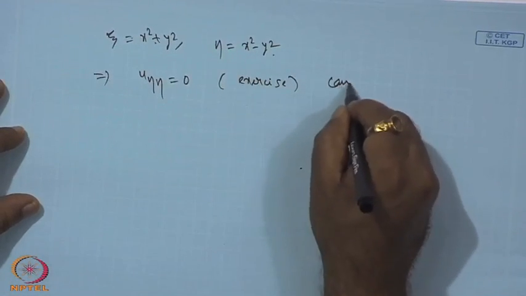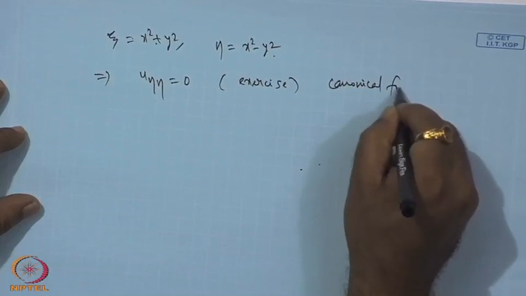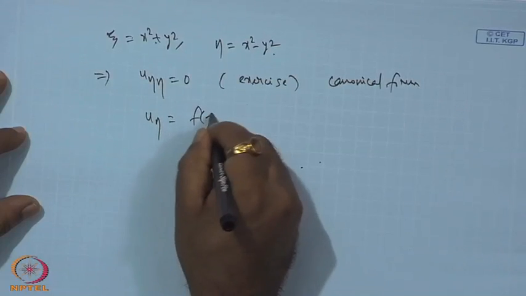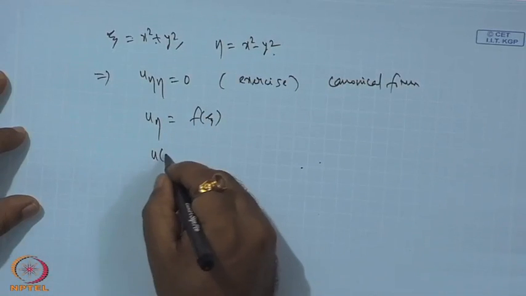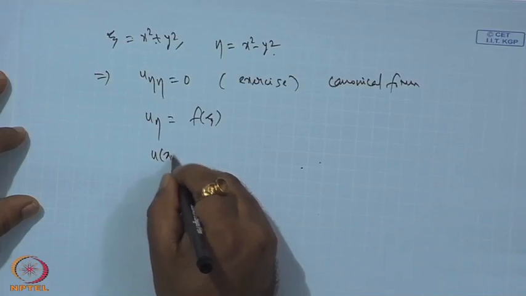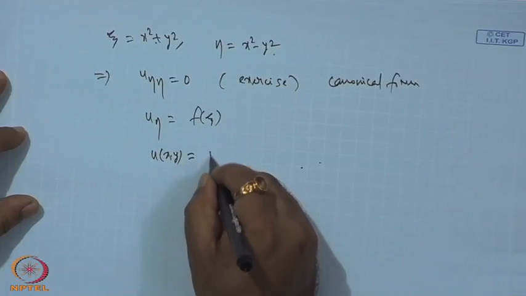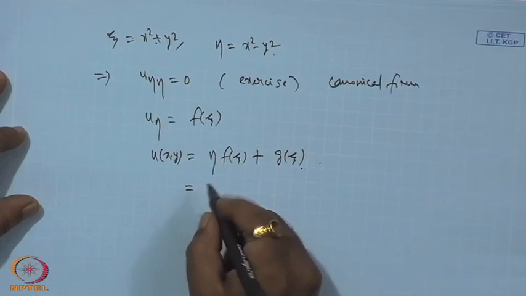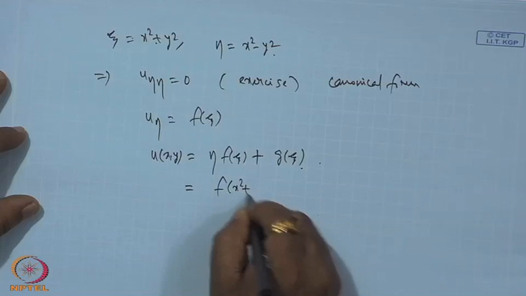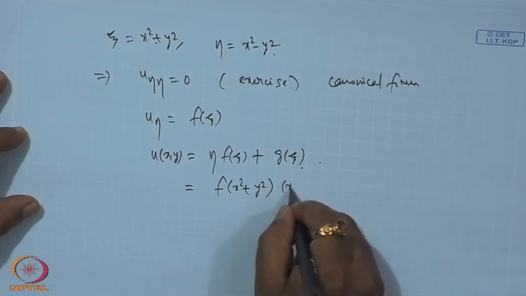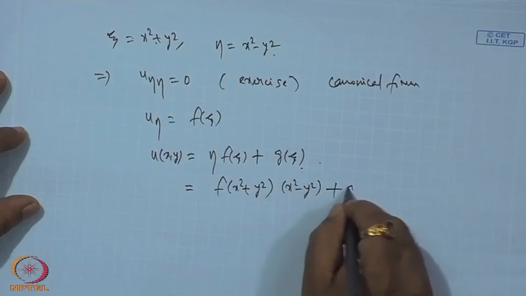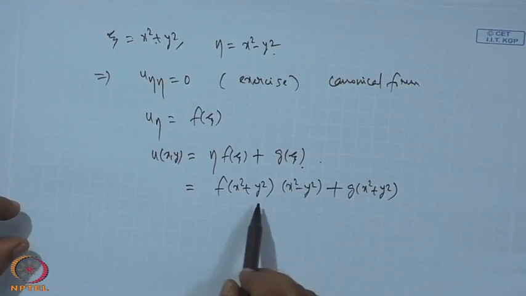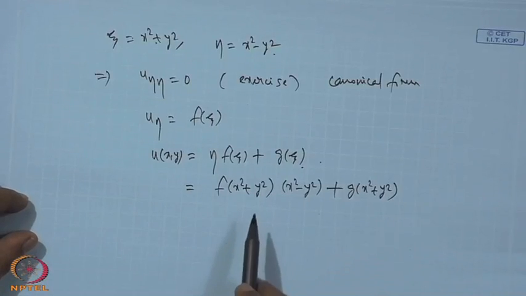So, this is our canonical form, and hence if you integrate, and further if you integrate, which is nothing but, so any combination of these functions will be solution of the original equation.